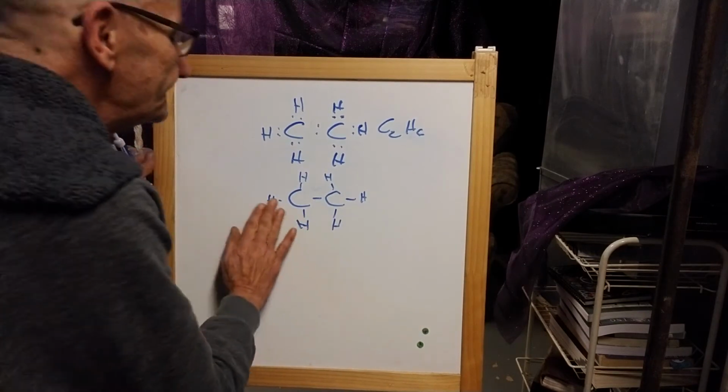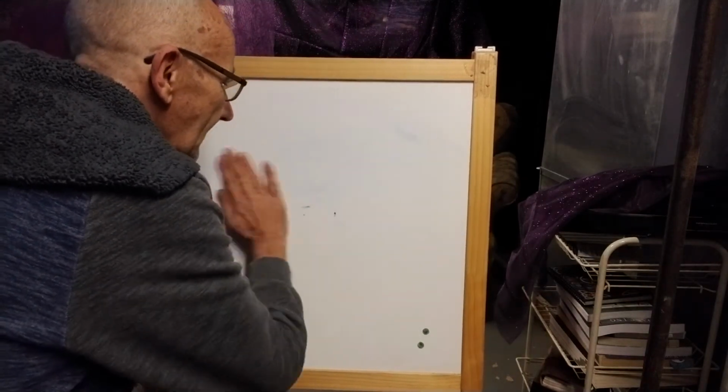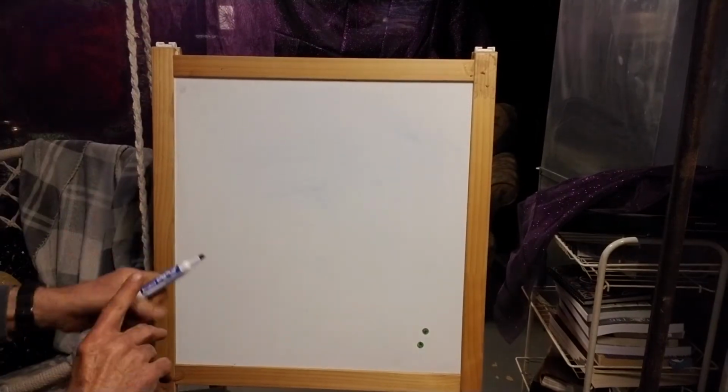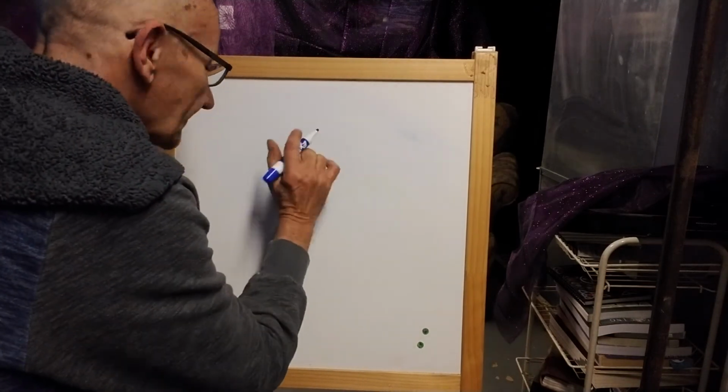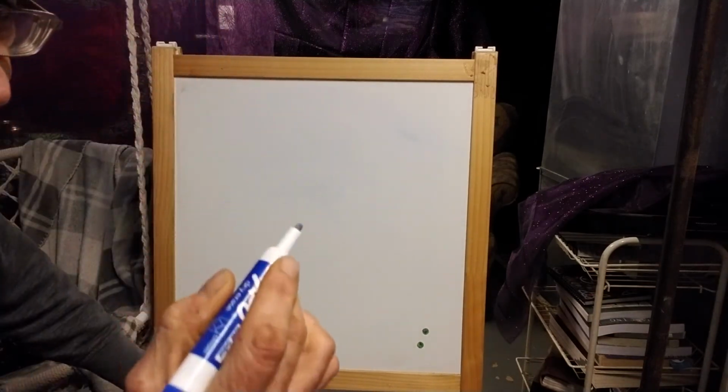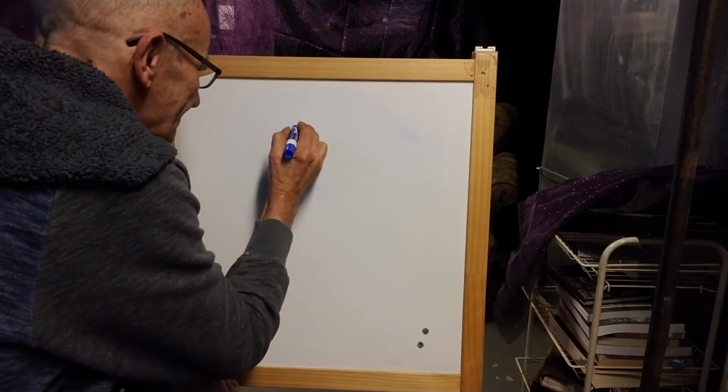Now, what's to keep this from happening? We'll first do a Lewis structure.